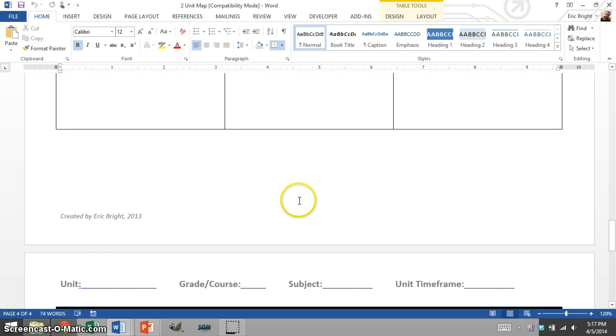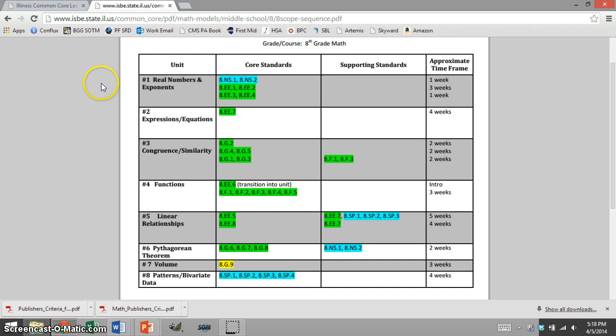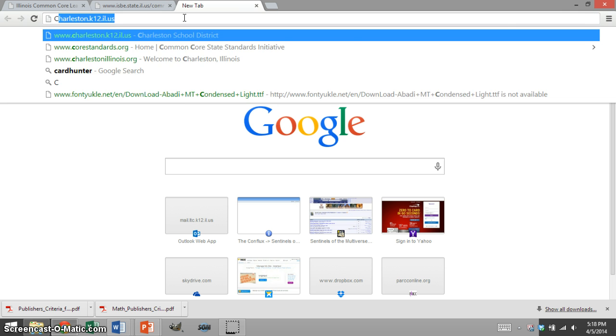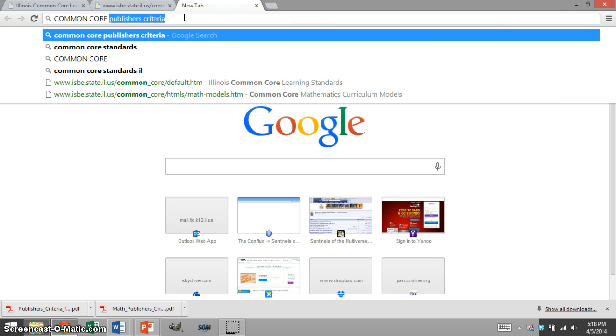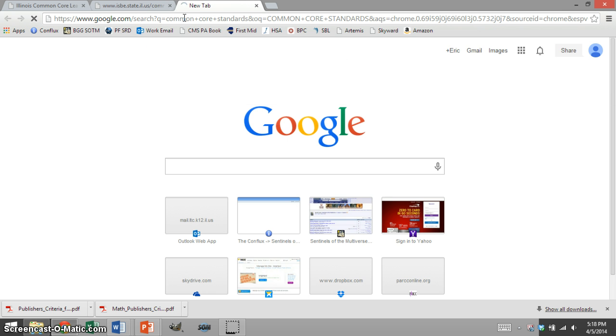Alright, so let me move back up and talk about filling out this student learning target section with the CPA kind of in mind. So if we go to the standards here, so like 8EE1 or something like that, let me search for the standards, and we'll go take a look.